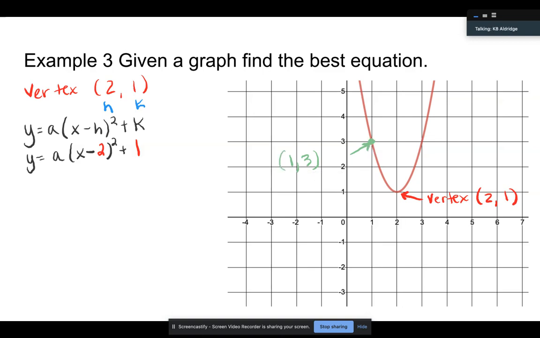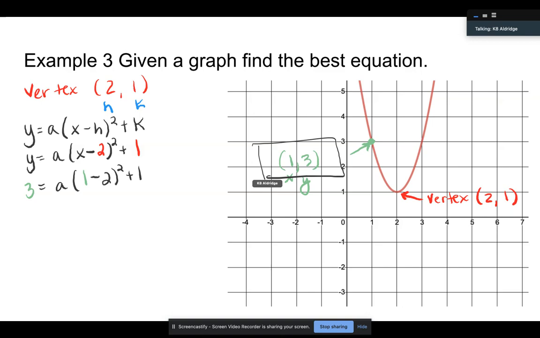All right, if x is 1 and y is 3, let's plug that into our formula to solve. You guys have already done this with the standard form and also our factored form. So plug in y is 3 into our equation equals a, we need to find out, x is 1 minus 2 squared plus 1. All right, so we substituted our point right here.